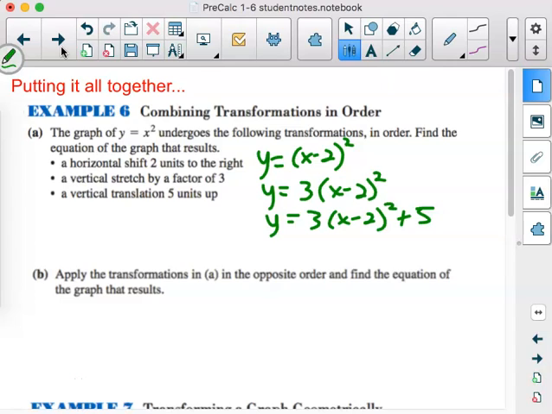Now because this problem is about us seeing that order matters, we want to be able to compare these when we're done. So what we're going to do is write that one out in standard form. So that means we're going to write out x minus 2 times x minus 2 plus 5, or we're going to go ahead and remember the formula for a binomial squared.